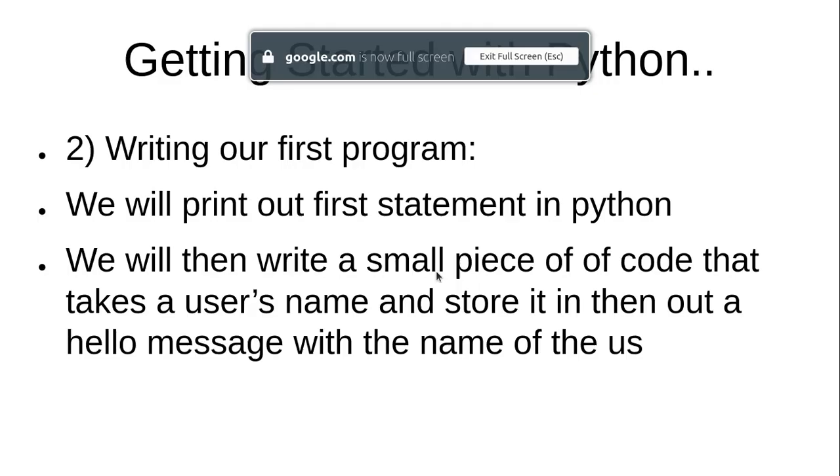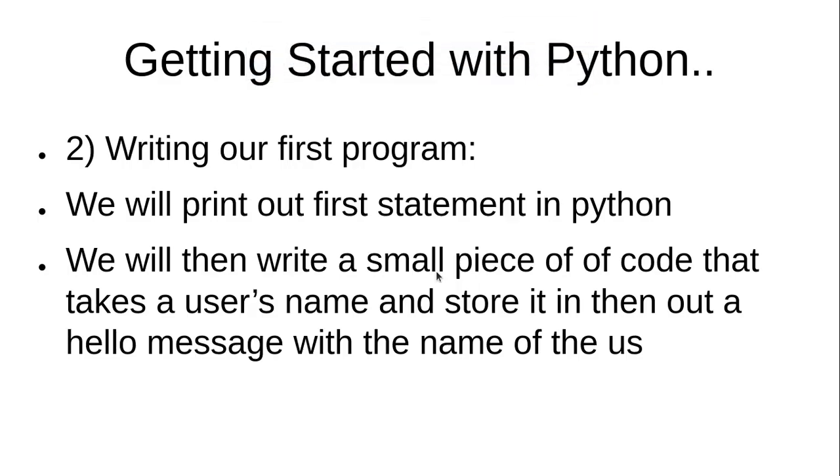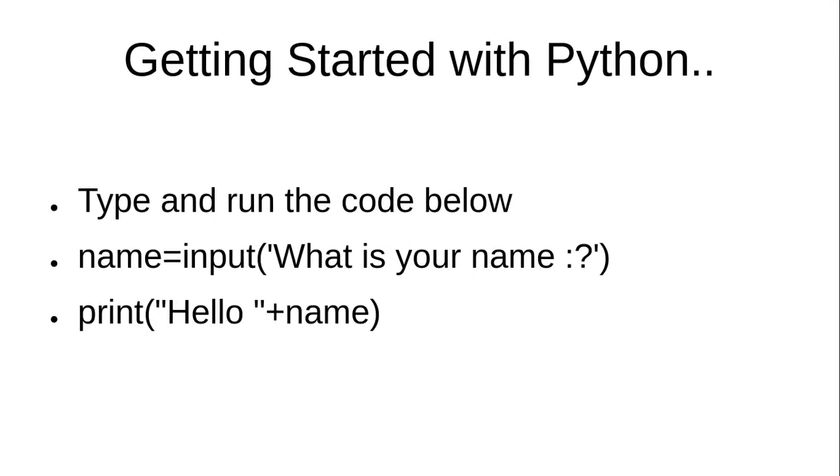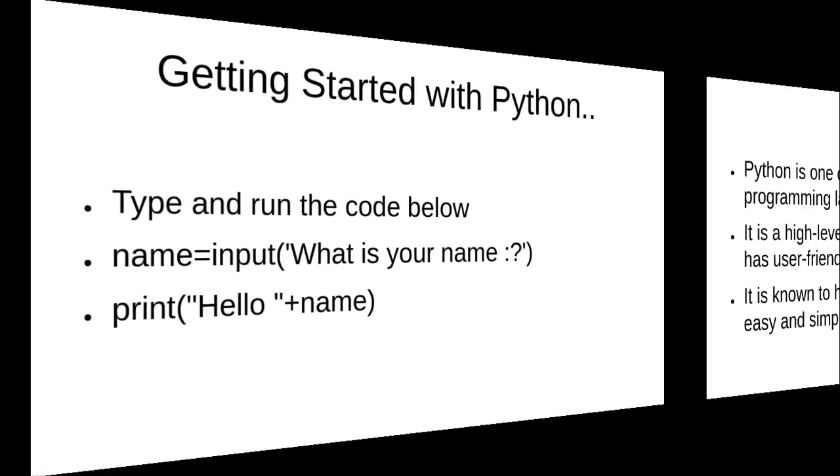We have seen how to print out our first statement, and we have written a small piece of code to take the user's name, store it in a variable, and then display a hello message coupled with the name.